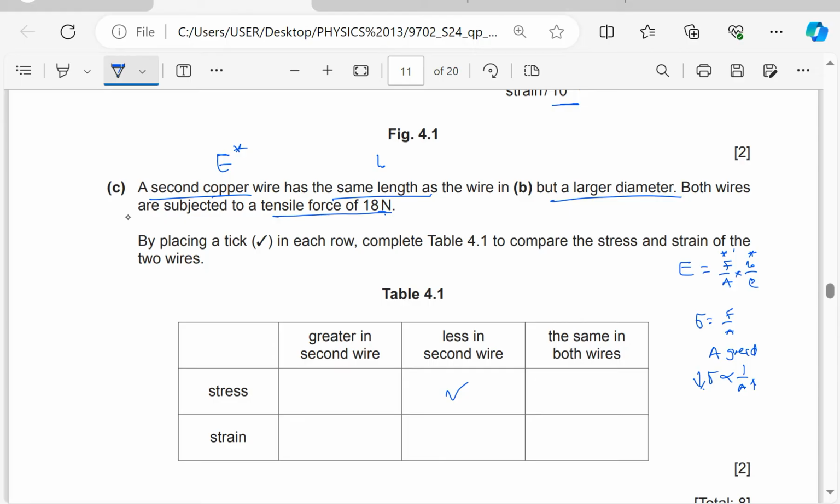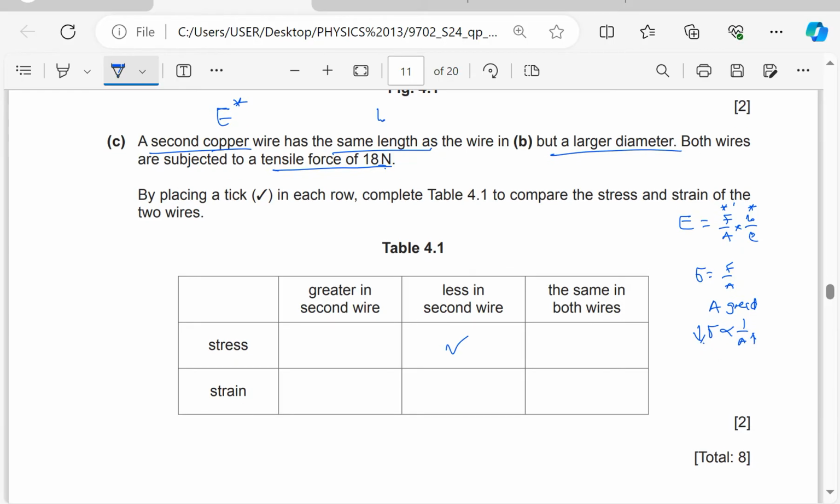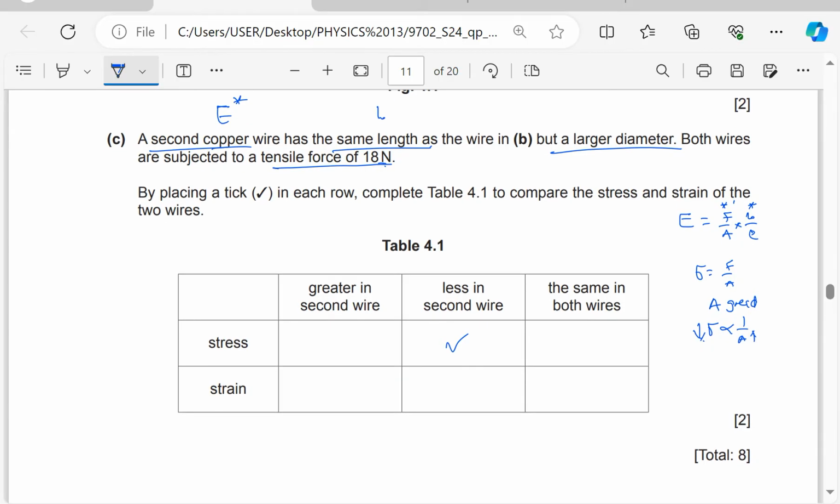Then let's check the strain. Both wires are subject to a tensile force of 18 newtons, so the force is still 18 newtons. I'll use a simple formula: strain is equal to stress divided by Young modulus.